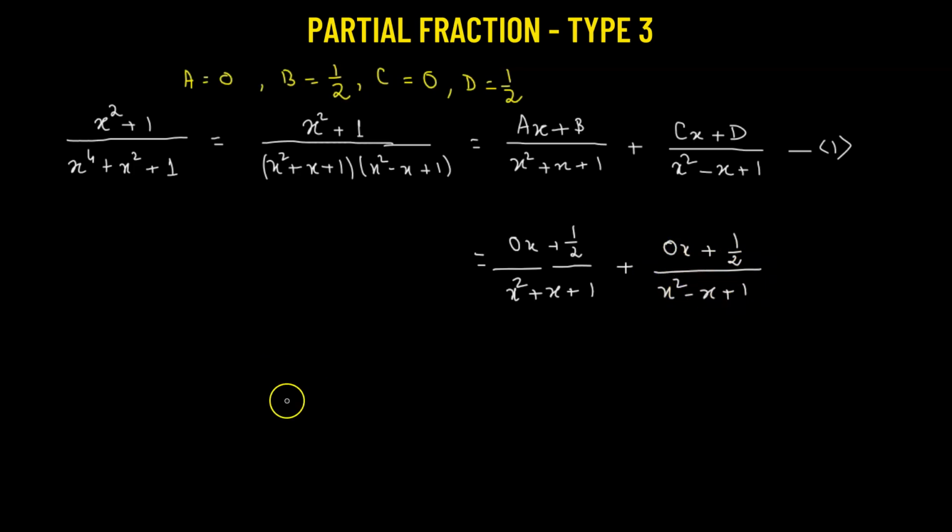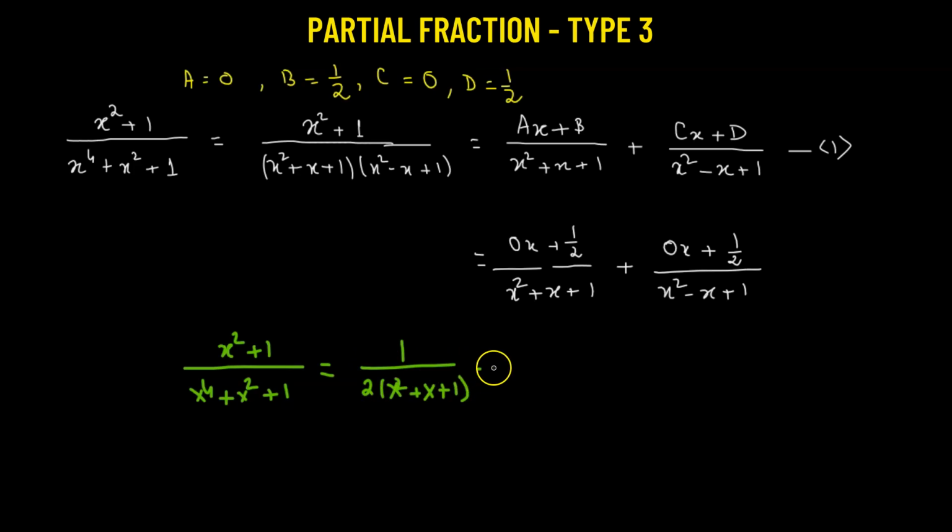So therefore, we have successfully resolved the original rational fraction, which is x squared plus 1 divided by x raised to the power of 4 plus x squared plus 1, into two partial fractions. We have 1 divided by 2 times x squared plus x plus 1, added to 1 divided by 2 times x squared minus x plus 1.